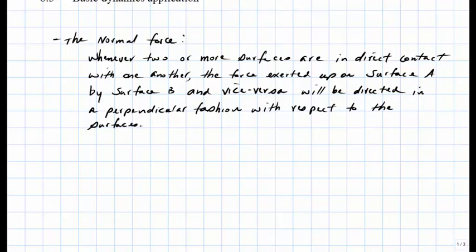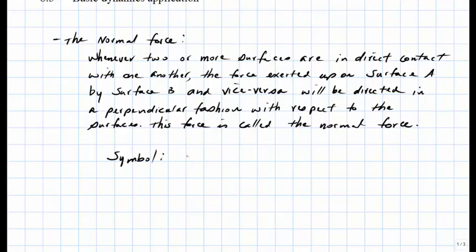This force is called the normal force. And we abbreviate it with N, small case n.